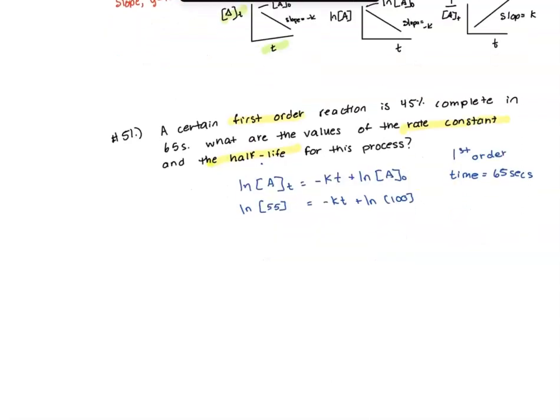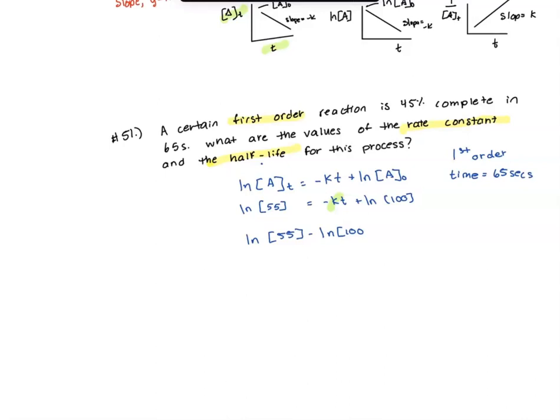Now we want to rearrange some algebra because we want to isolate this k. According to the rules of log, we want to take our natural log concentration 55, minus our natural log of 100.